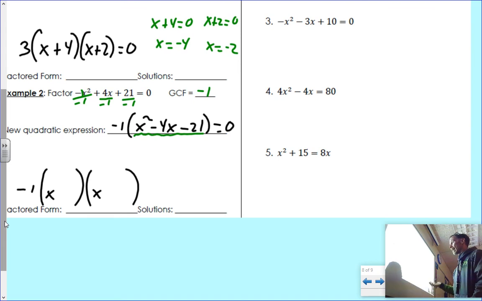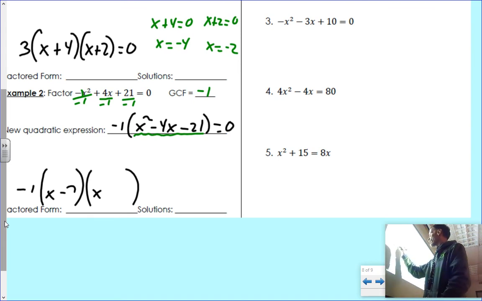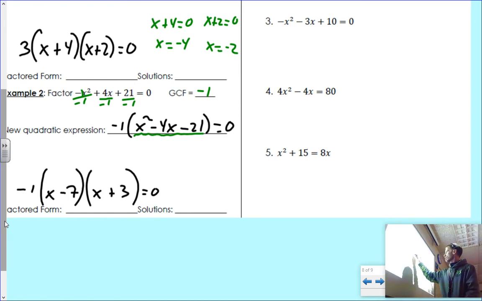And if you have a negative 7 and a positive 3, that multiplies to negative 21 and adds to be negative 4. So that's your factored form. And for your solutions, we have x minus 7 equals 0, so x equals 7. And x plus 3 equals 0, so x equals negative 3.